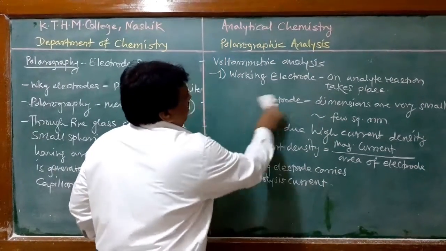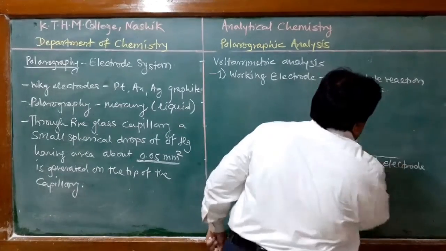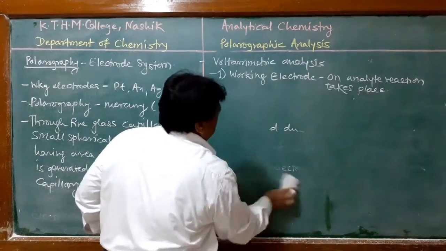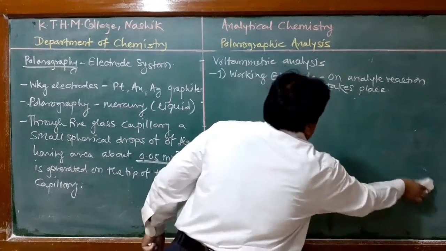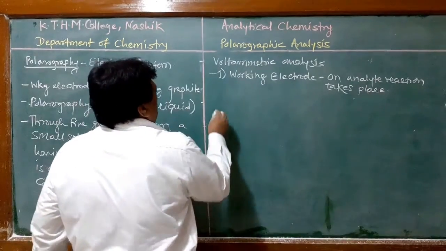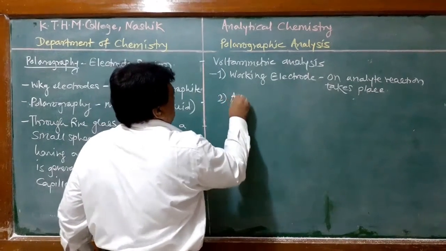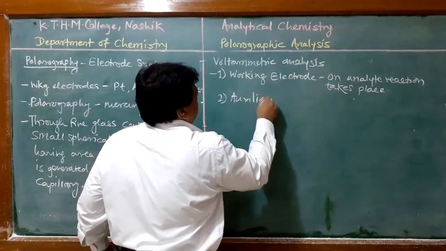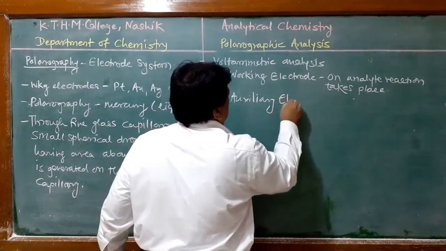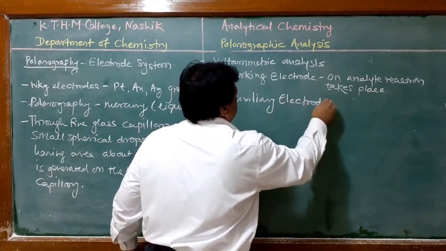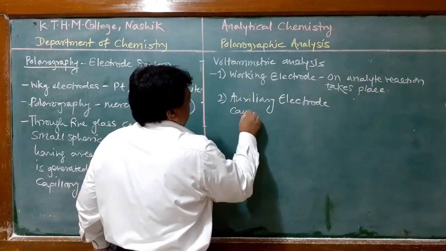Secondly, the second type of electrode in voltammetric analysis is called a counter electrode or auxiliary electrode.